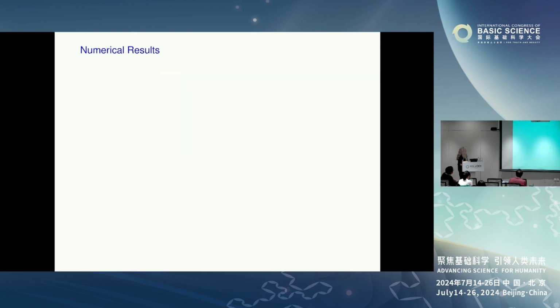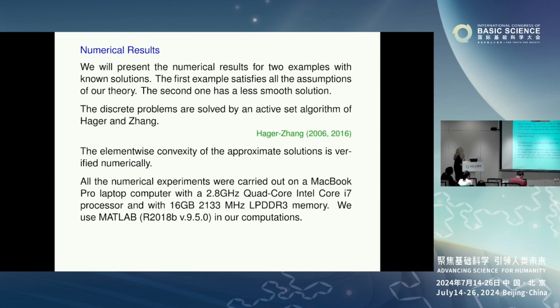So now let me show you some numerical results. We'll present the numerical results for two examples with known solutions. The first example satisfies all the assumptions in our theory, and the second one has a less smooth solution. Our discrete problems are solved by an active set algorithm of Hager and Zhang.